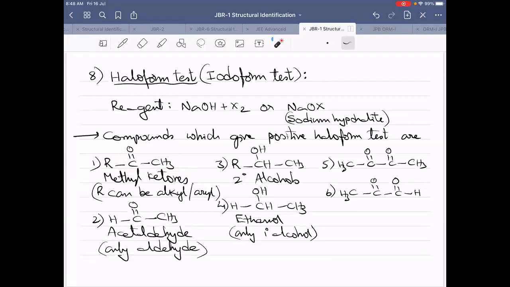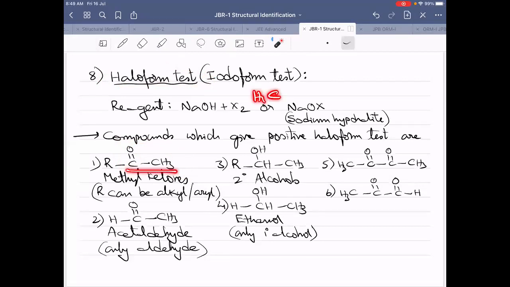They also will give the reaction, but most of the time it is a test to identify methyl ketones. This is the only test to identify ketones, but that too limited to methyl ketones.